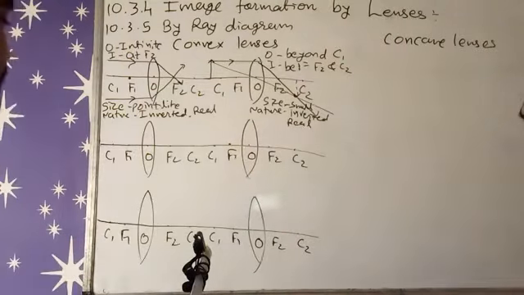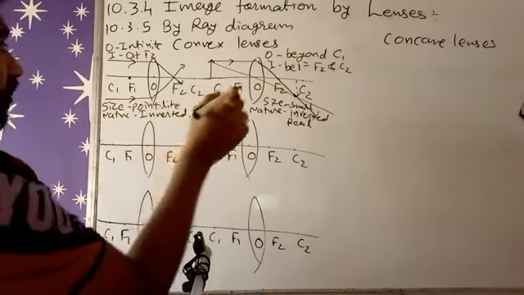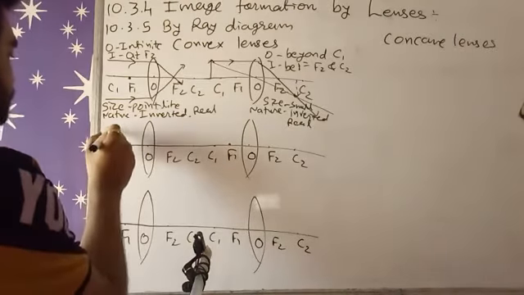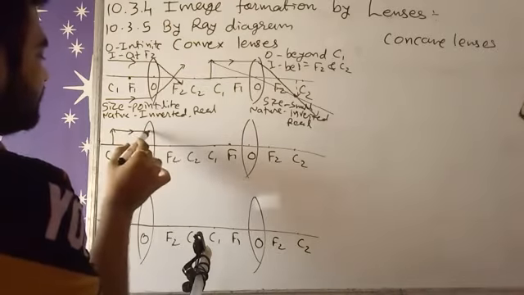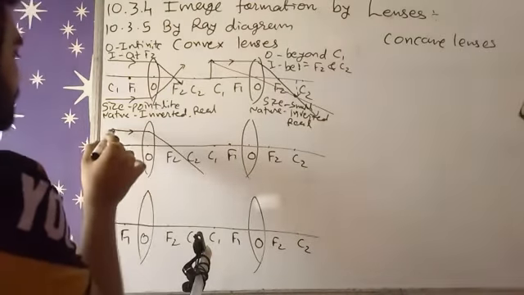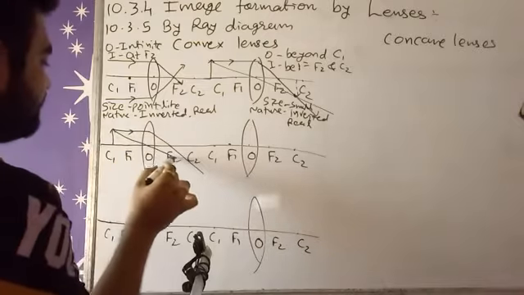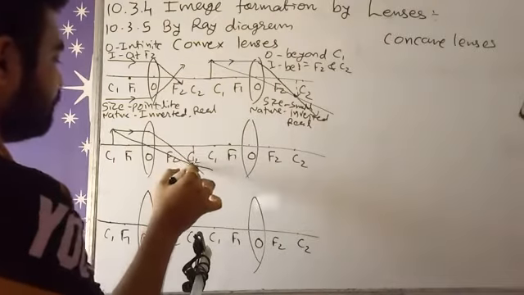Now the third characteristic. In this characteristic, the object is on C1. Light passing from here, after refraction, will pass through F2. Similarly, another ray intersects at the C2 point.